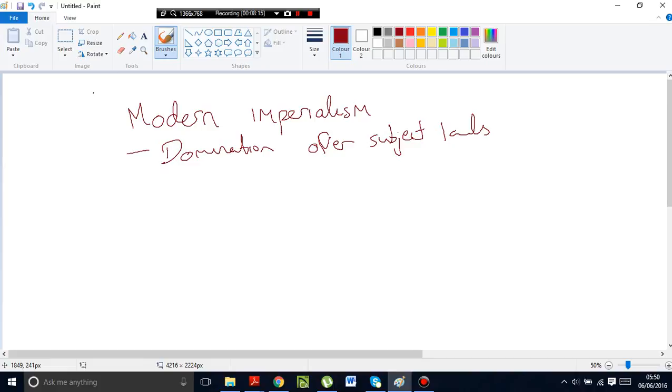Sometimes the domination came through formal imperialism, which involved military conquest and the establishment of political control.